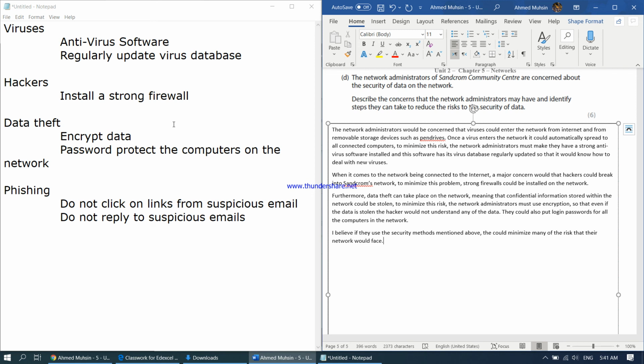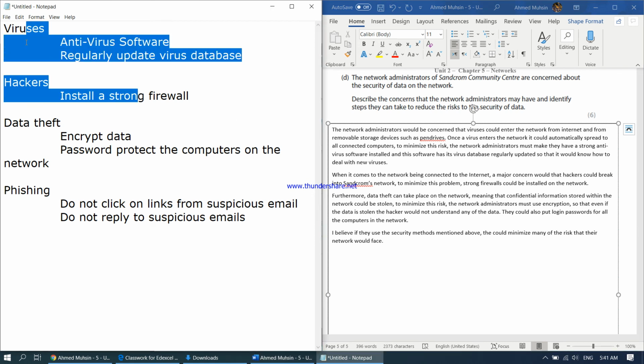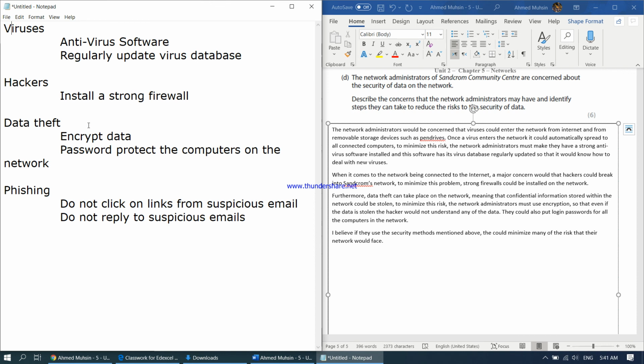Okay, so I'm sure you guys will have much more different answers. I have just taken a few. They're giving 6 marks, so I took 3 points and gave a solution for each of those points. You can have a different set of points. That's up to you.